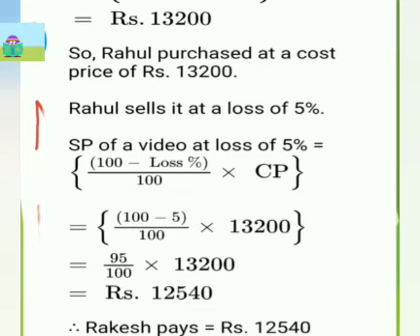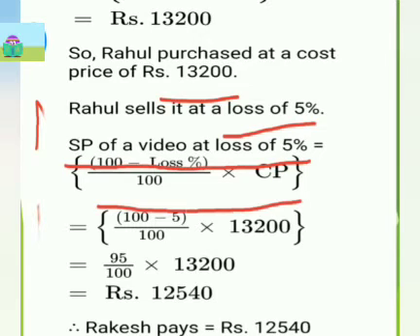So now Rahul purchased it at a cost price of rupees 13,200. That means the cost price of the video for Rahul is now 13,200, and Rahul sold it at a loss of 5%. Now we have to calculate the selling price of the video at a loss of 5%. So what you will do? 100 minus the loss percent upon 100 multiplied by the CP. This formula we will use here. So 100 minus 5 upon 100 multiplied by the CP of the video, 13,200.